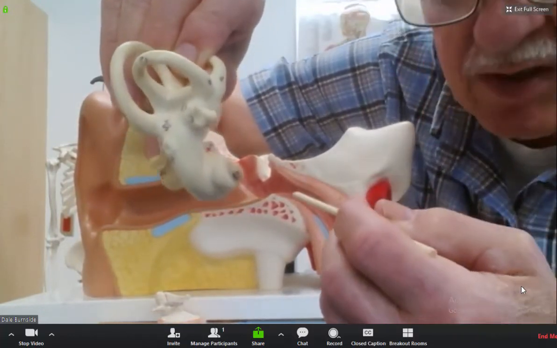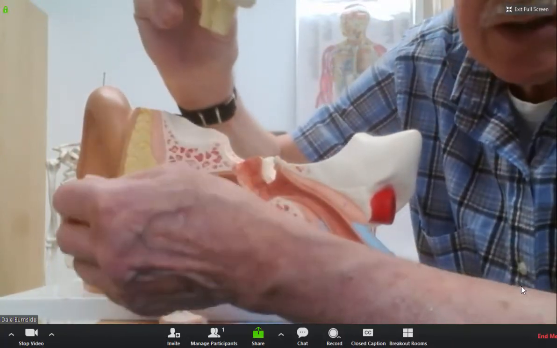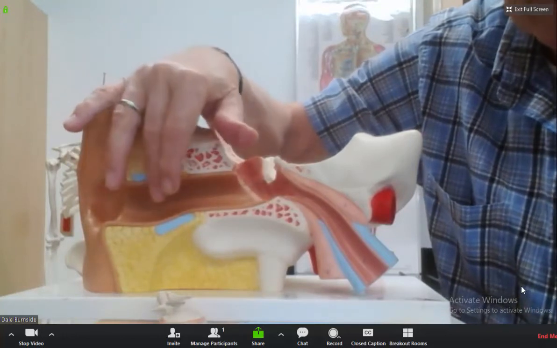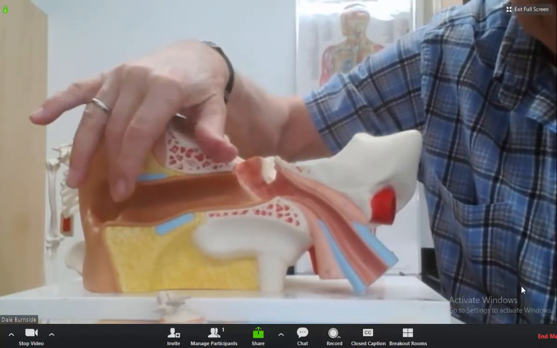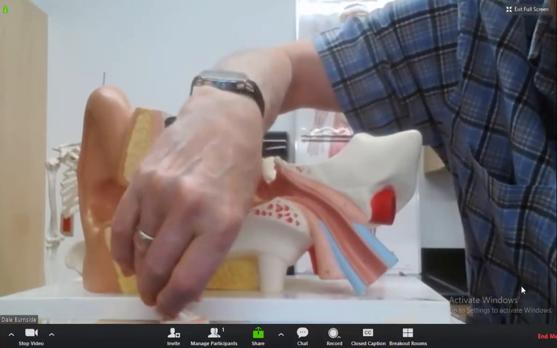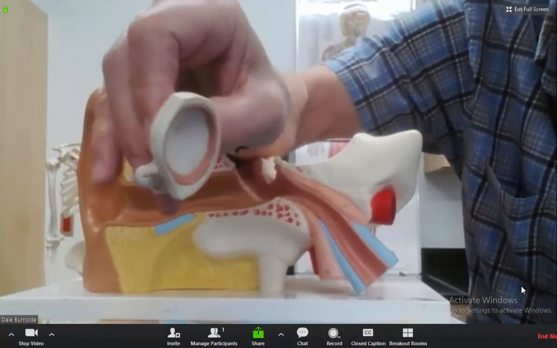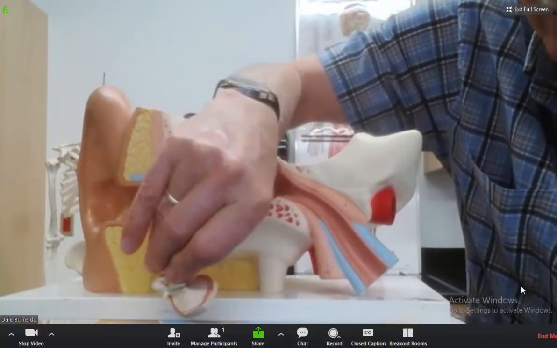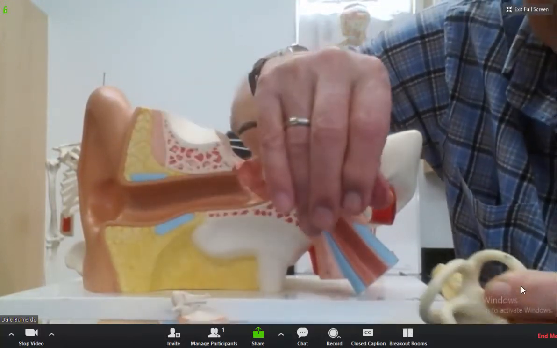Okay. Now what happens is sound waves are collected by this auricle, and they pass through the external auditory meatus, through the external auditory canal. They make the tympanic membrane vibrate, which in turn makes the incus and the malleus and the stapes vibrate.